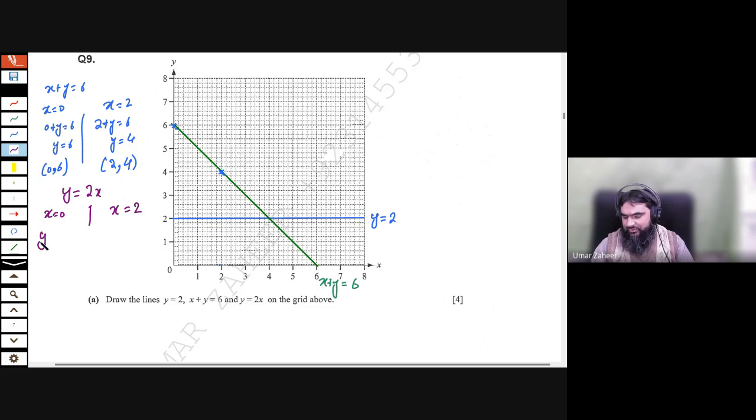So at 0, 2 multiplied by 0 will be 0. Means we'll get the coordinate 0 comma 0. Substitute 2, we have y is equal to 2 times 2, that is 4. So I'm going to get 2 comma 4. So 0 comma 0 and 2 comma 4. Just join these 2 points.